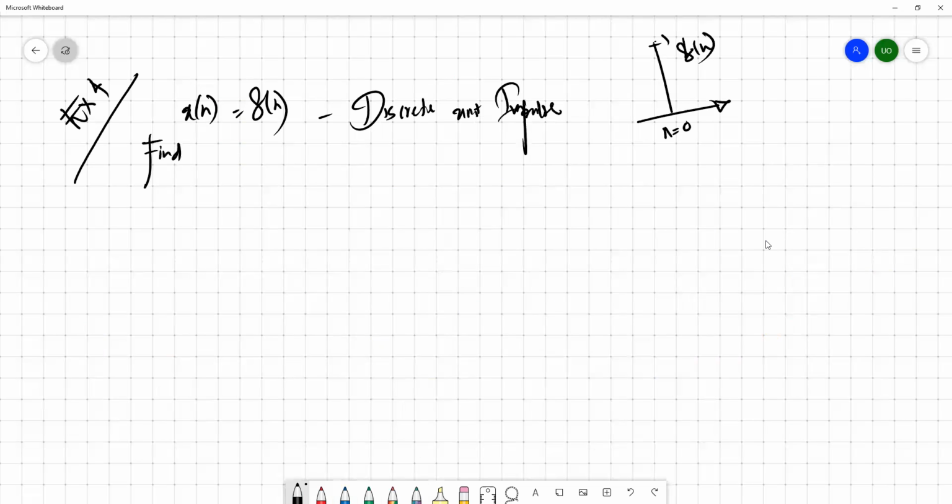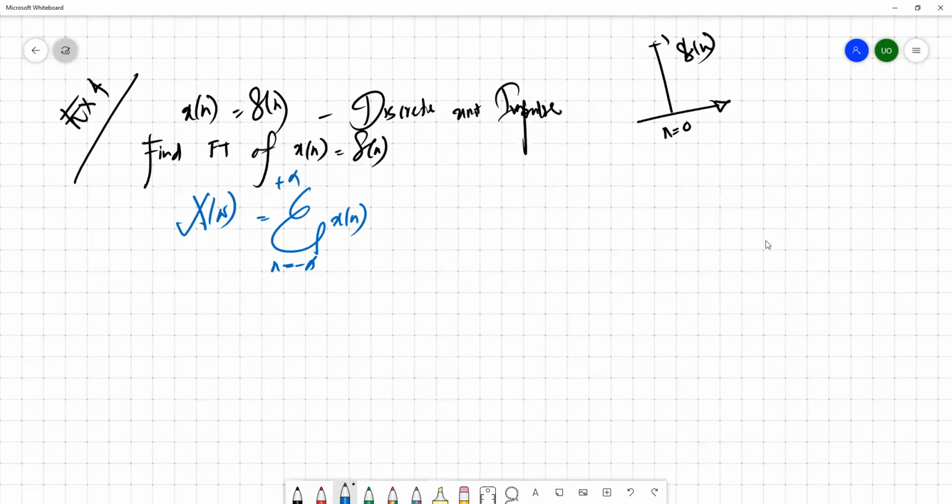Find the Fourier transform of x[n], which equals delta[n]. So just plug into the equation: X(ω) equals the sum from n equals minus infinity to plus infinity of x[n] e^(-jωn). The sequence has a single sample, which is at n equals 0.